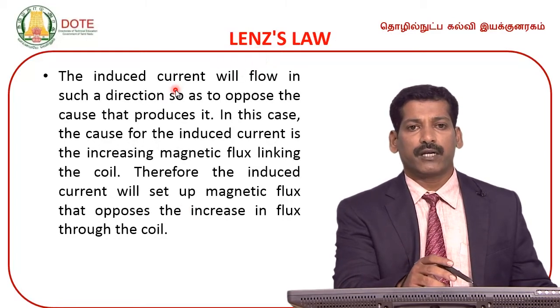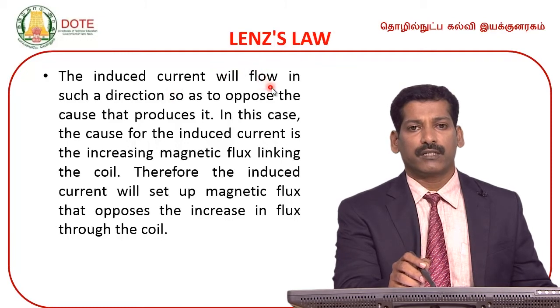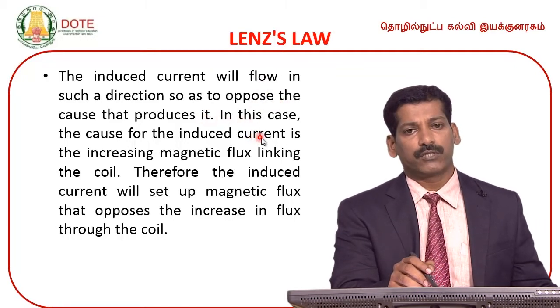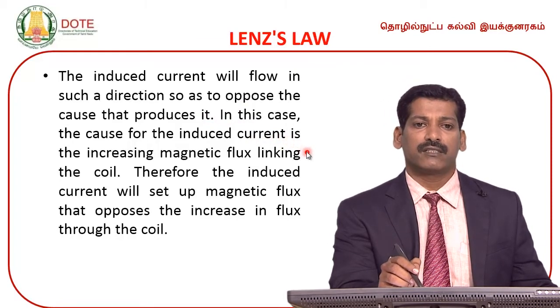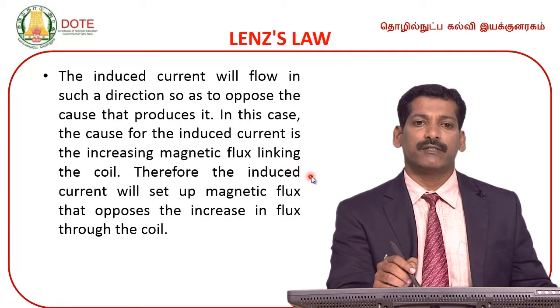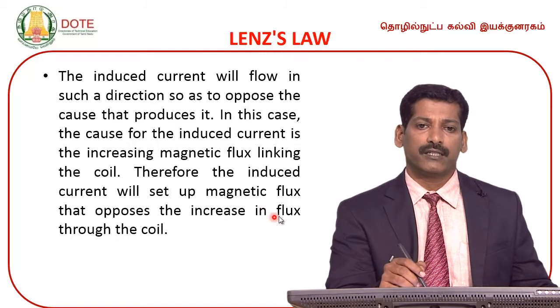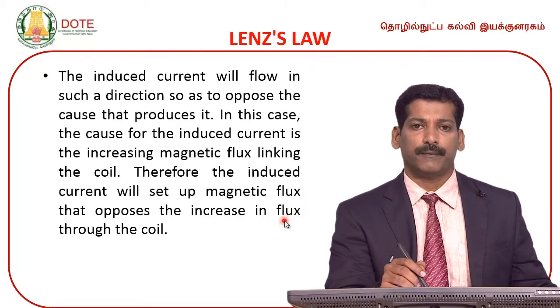The induced current will flow in such a direction so as to oppose the cause that produces it. In this case, the cause for the induced current is the increasing magnetic flux linking the coil. Therefore, the induced current will set up a magnetic flux that opposes the increase in flux through the coil.